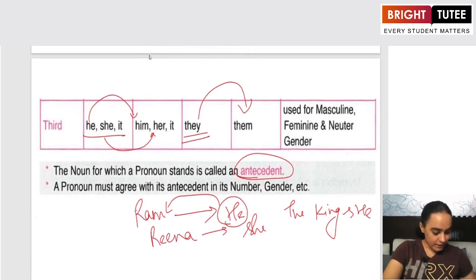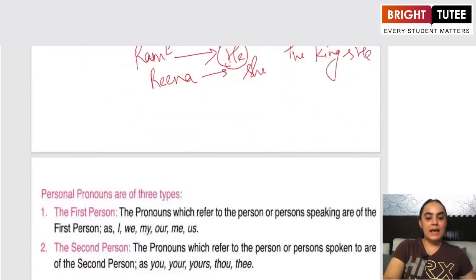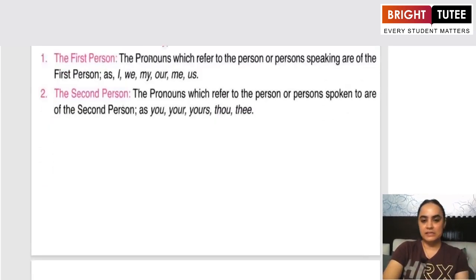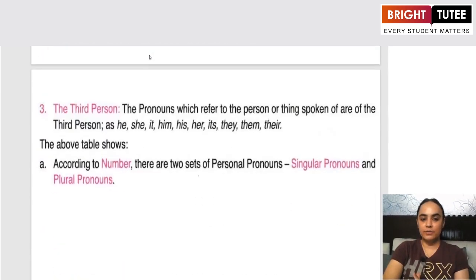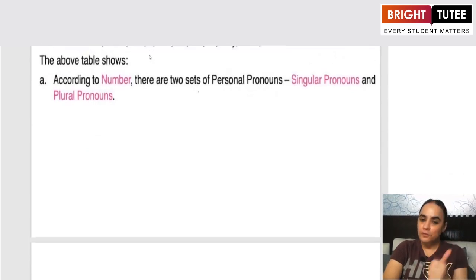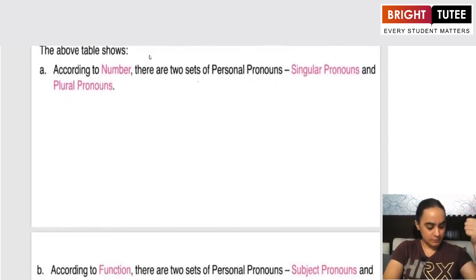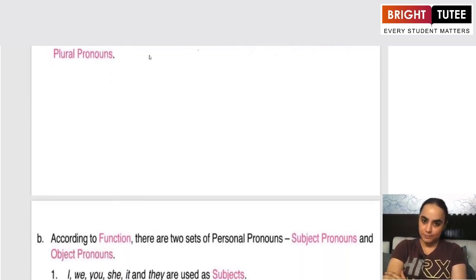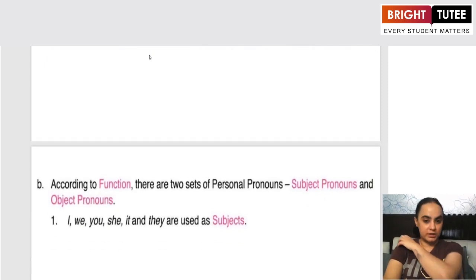Right? So, my dear students, as we have already discussed, first person, second person, third person, we've discussed them in detail. So, we know that we have three types of personal pronouns. We have the first person, second person, third person. Also, the pronouns can take the place of either the subject or the object.